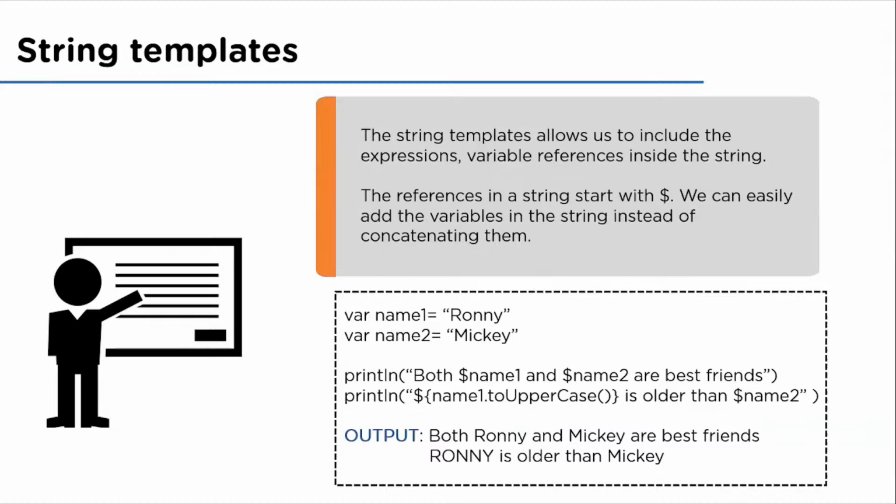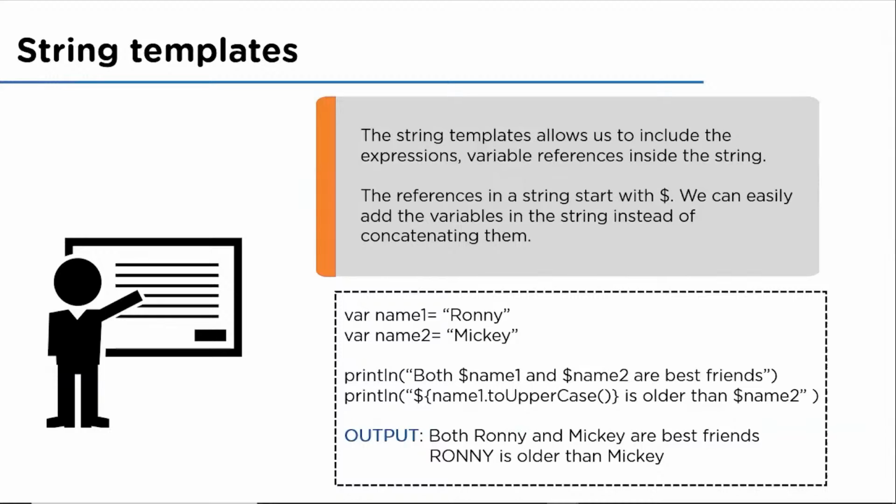For example, here name1 and name2 are two strings and we can include them together within the same sentence while printing, like both $name1 and $name2 are best friends. It will display the value of the string within the sentence.